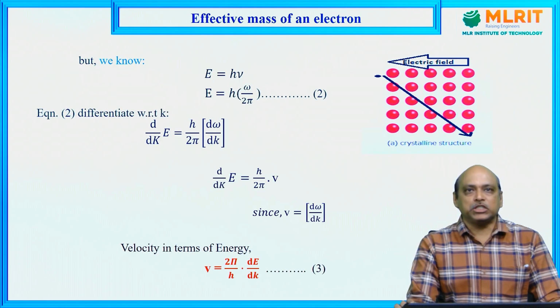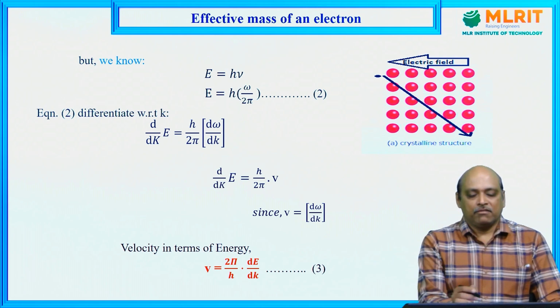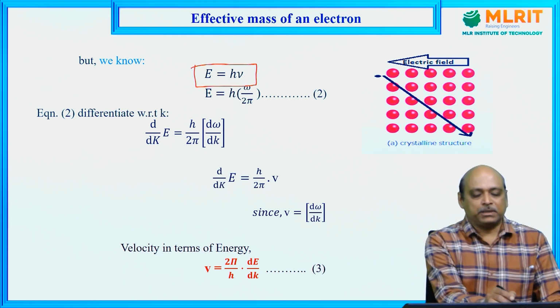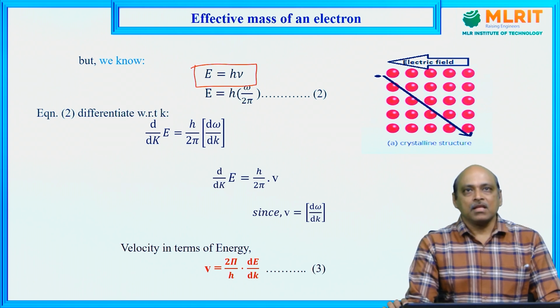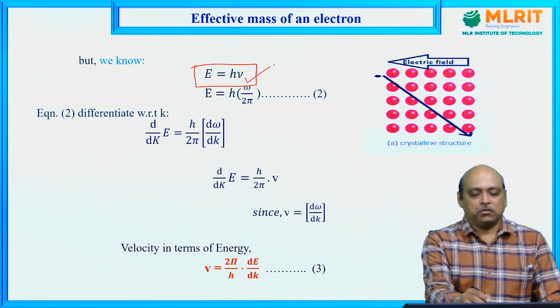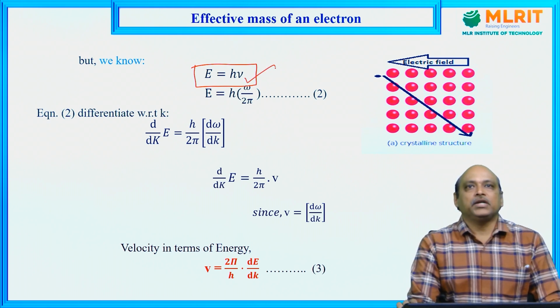By using these two parameters, we are going to derive an expression for M star. First, we take a well-known expression, Planck's law: the electromagnetic radiation energy E is equal to h nu. E is directly proportional to nu, and E is equal to Planck's constant h into nu.